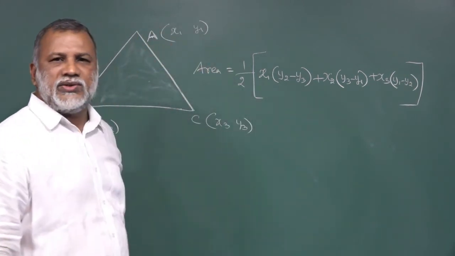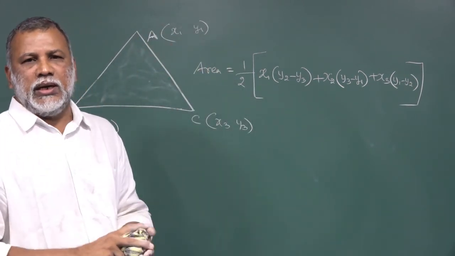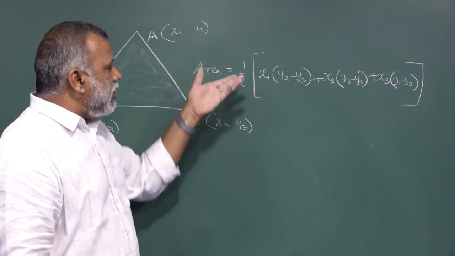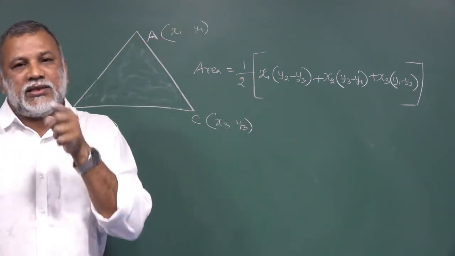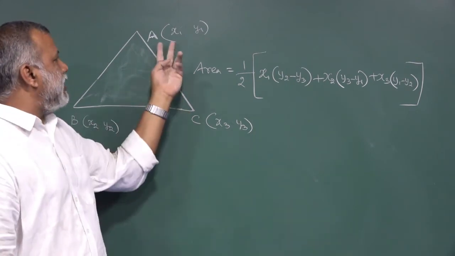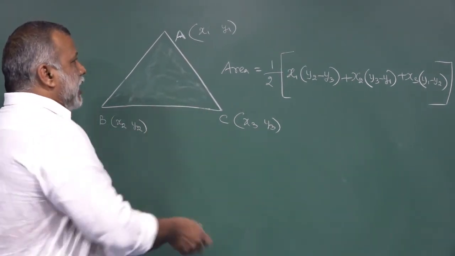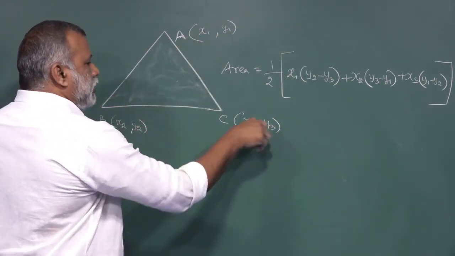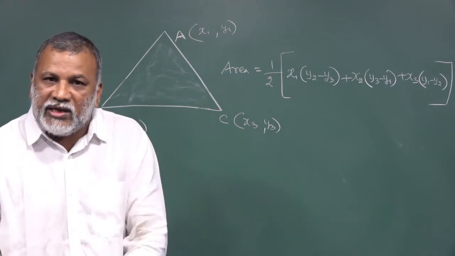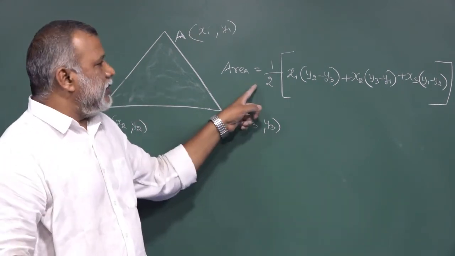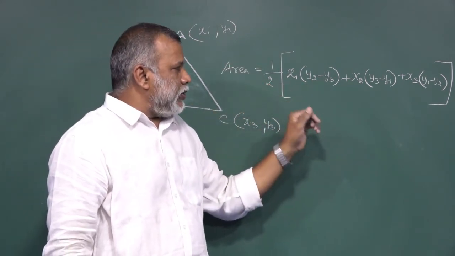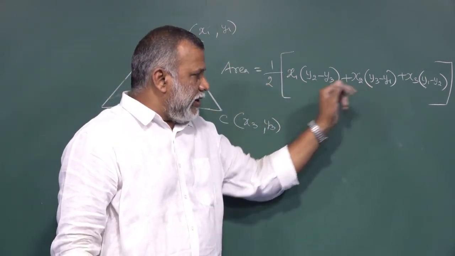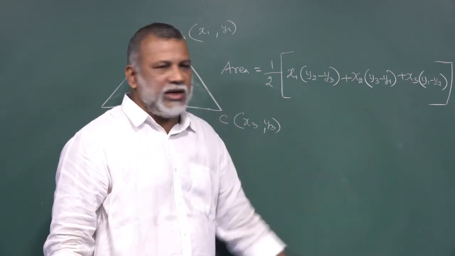This is the area of the triangle you are using in your lower classes. When we use this, if you know the vertices of a triangle, the vertices A, B, C, if x1, y1 and x2, y2, x3, y3 are the vertices of a triangle, then we use this formula: half of x1(y2 minus y3) plus x2(y3 minus y1) plus x3(y1 minus y2).